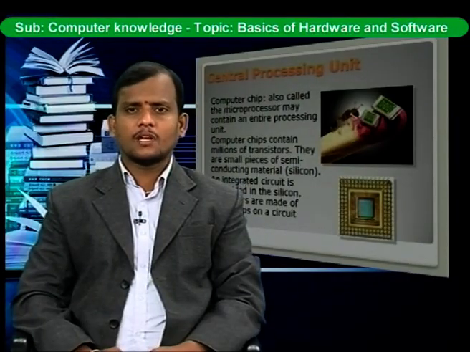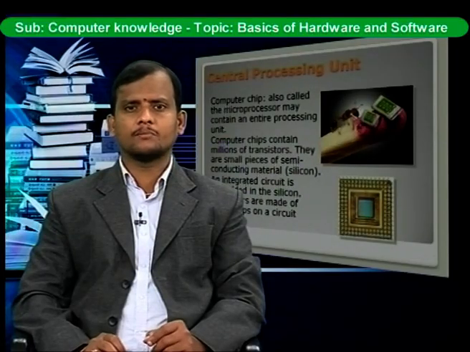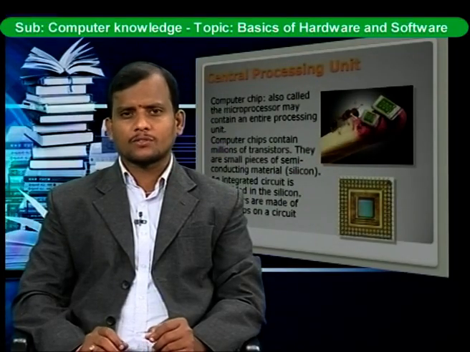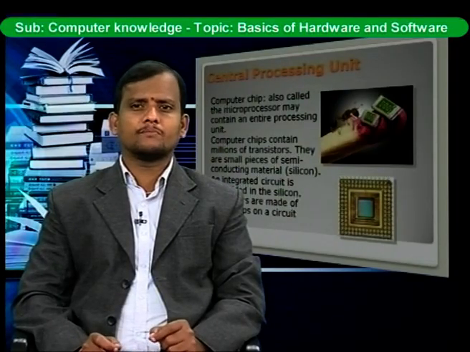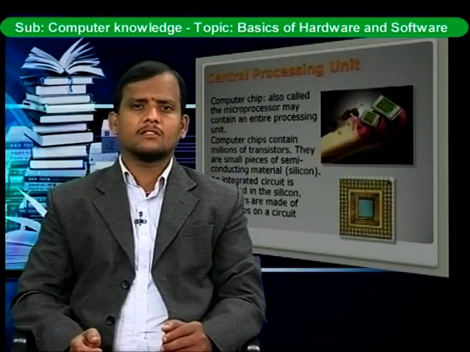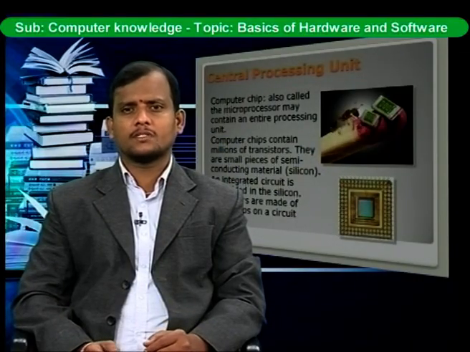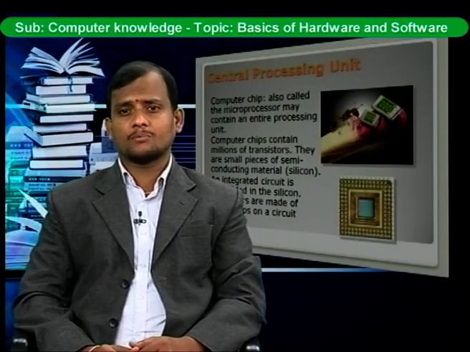So as I said, the central processing unit is a silicon chip. It's also called a microprocessor. It's a very small chip, integrated with circuits enabled with silicon. A computer is made of many chips on a circuit board.